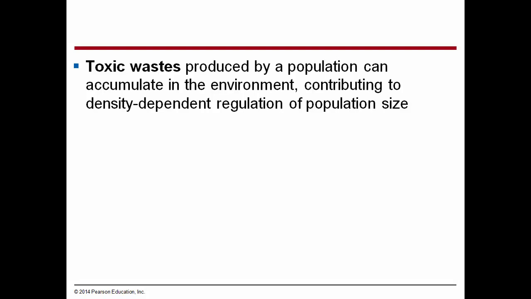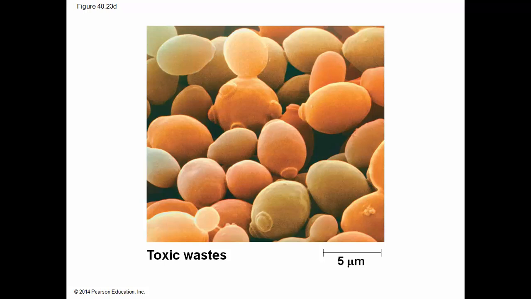Toxic waste produced by a population can accumulate in the environment, contributing to density-dependent regulation of populations. You can take this literally if you look at human populations in areas where there's increased toxic waste being released, that may decrease the number of viable offspring. Or you can also take a look at yeast.